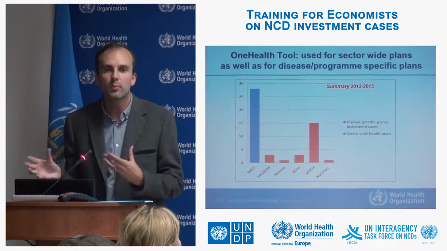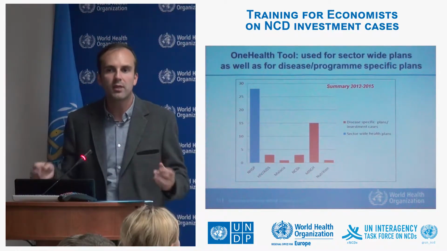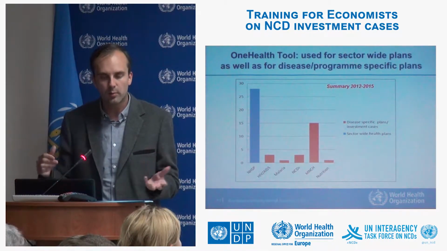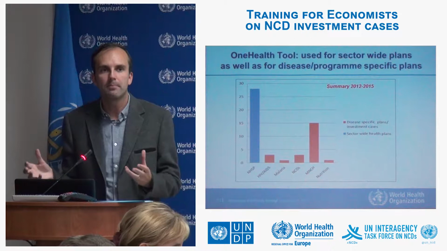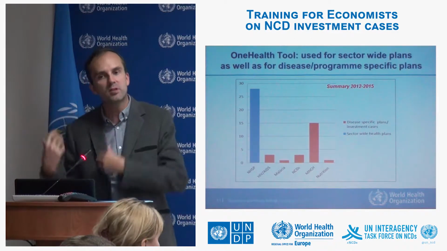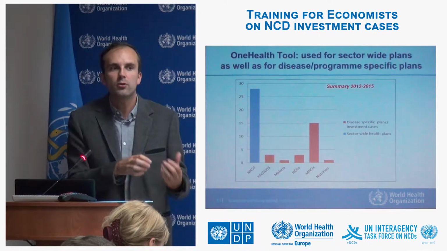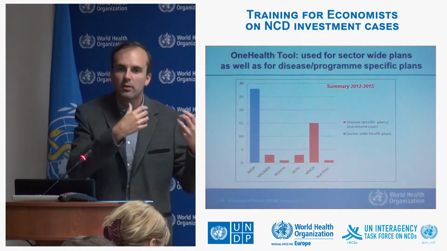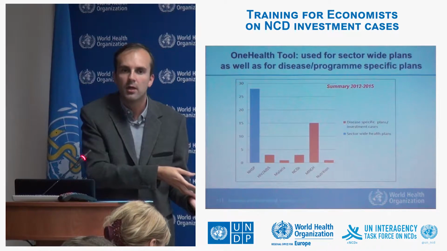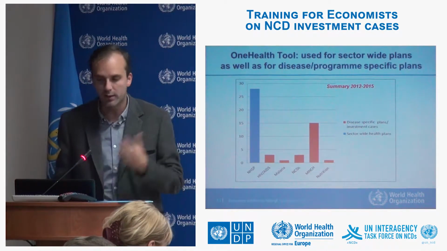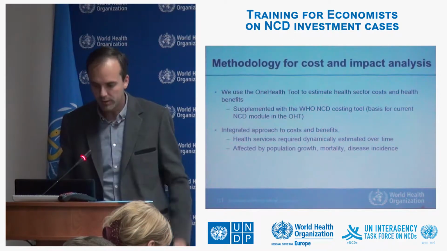But the tool is set up so that you don't necessarily have to consider the entirety of the health sector in doing a plan. You can see how investments in NCDs affect the rest of the health system, or how you may also need to invest in other parts of the health system to make changes in NCD investments really work. And I'll get to that a bit later.